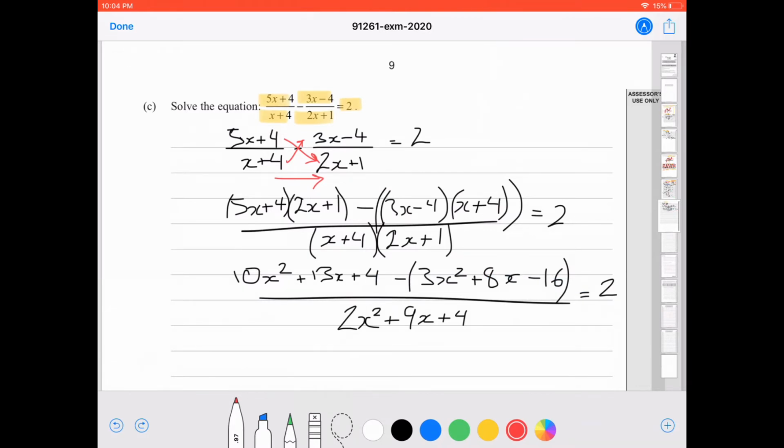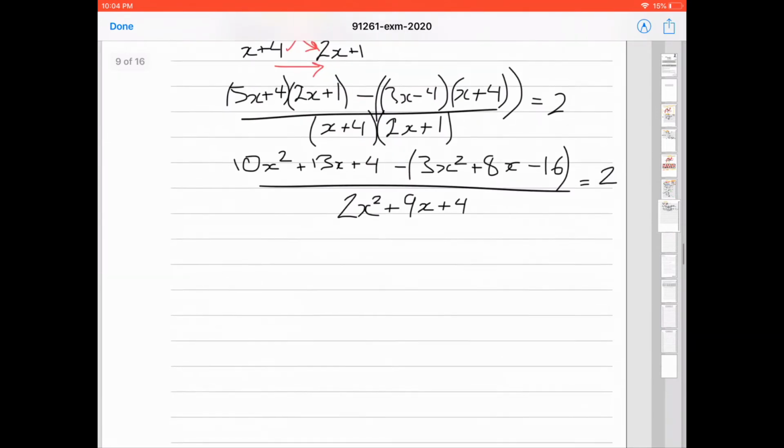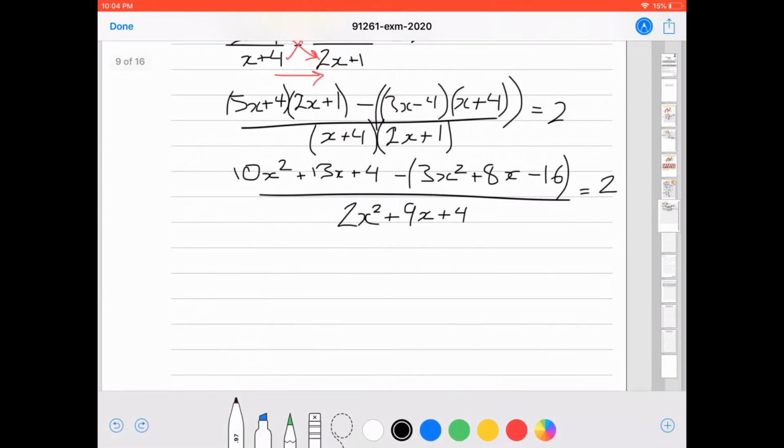Scrolling down a little bit, we've got a lot of room here. We're going to say 7x squared, collecting like terms: x squareds, x's, and just the integers, so 4 and the 16.